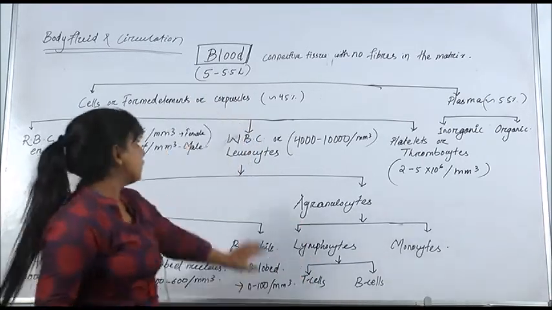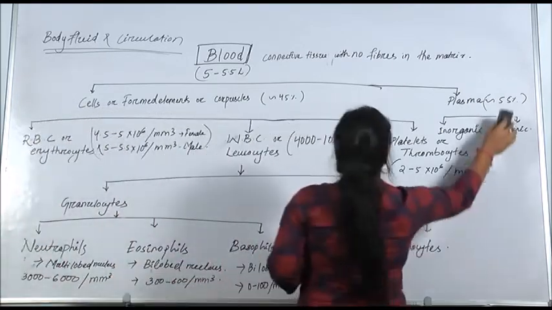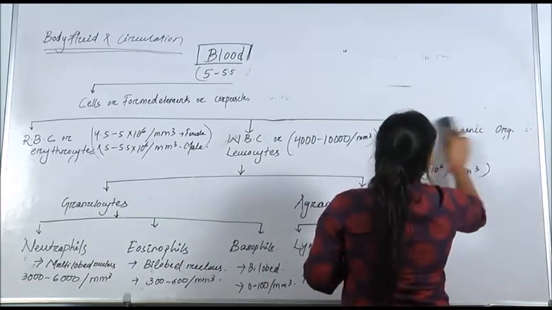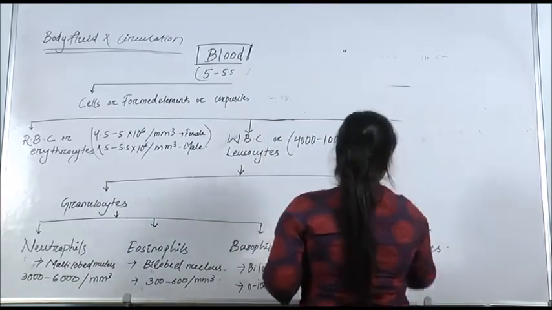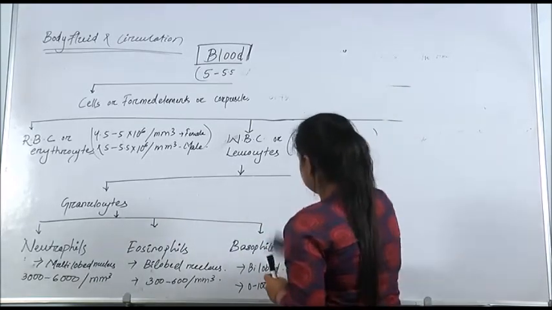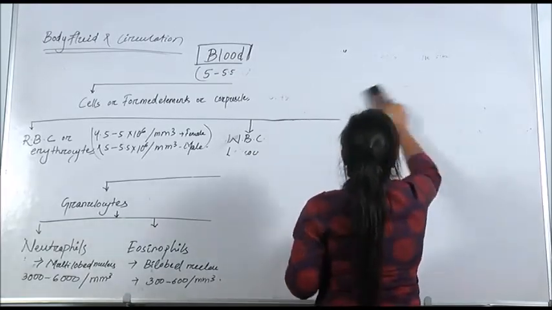Now when we are talking about the blood cells, where are the blood cells actually formed? The mechanism of formation of the blood cells is known as hematopoiesis. Hemato means blood, poiesis means synthesis.